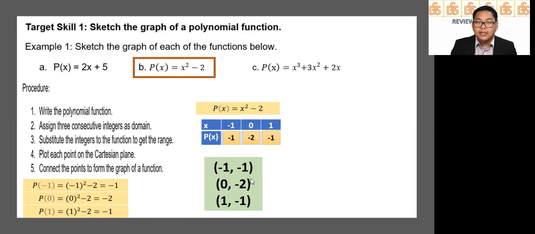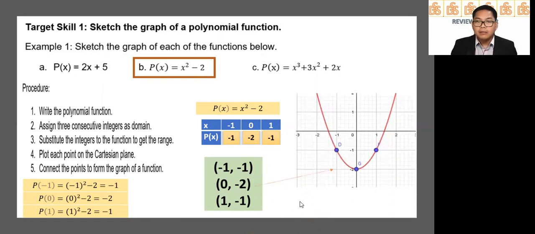Okay, so if I plot these points on the Cartesian plane, I have negative 1, negative 1; 1, negative 1; and 0, negative 2. Okay, as you notice here, if I connect the points, I form a parabola.